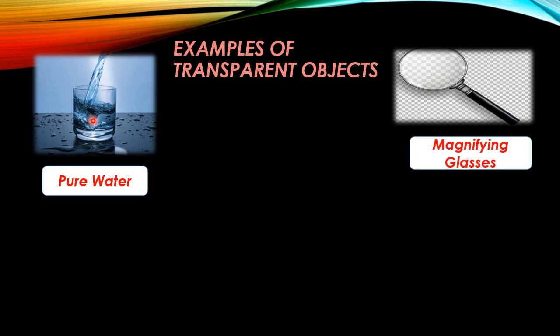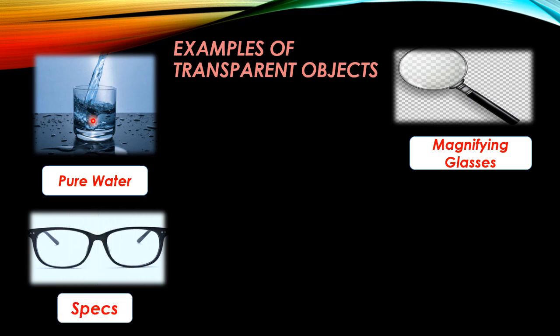Second is magnifying glass. Magnifying glass is mostly used to see any small objects. Next is specs, that we use to wear. It also allows light to pass through it. Means by wearing specs you can see the other objects.